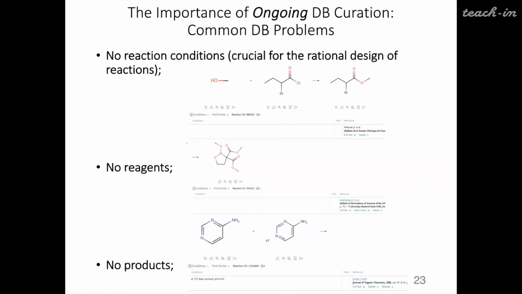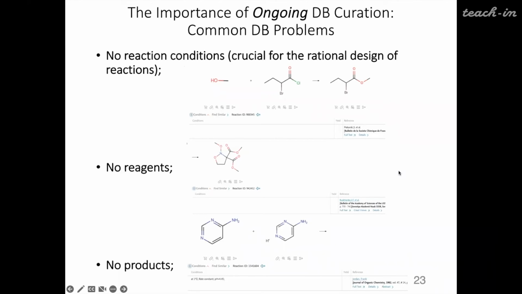For example, if we are going to compile data for the rational design of reactions, we need data on reaction conditions, and later in further lessons, I will show you why data on reaction conditions is truly important.